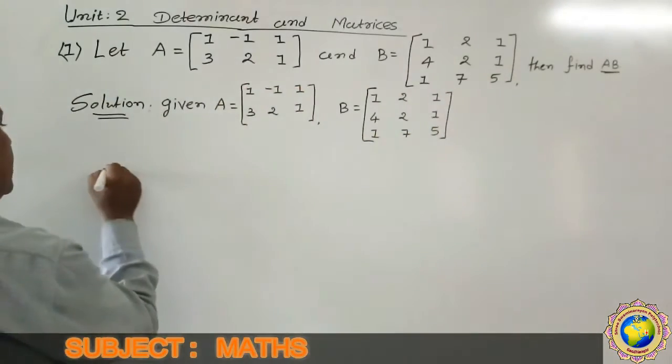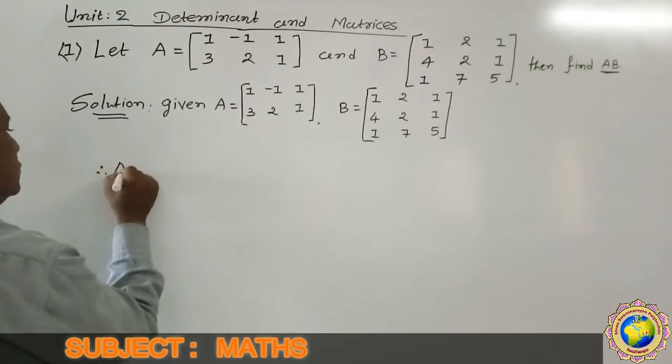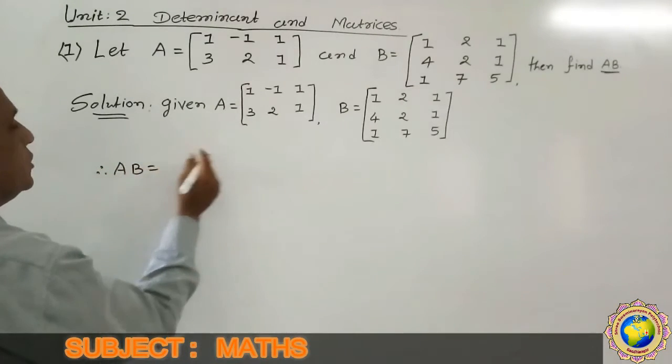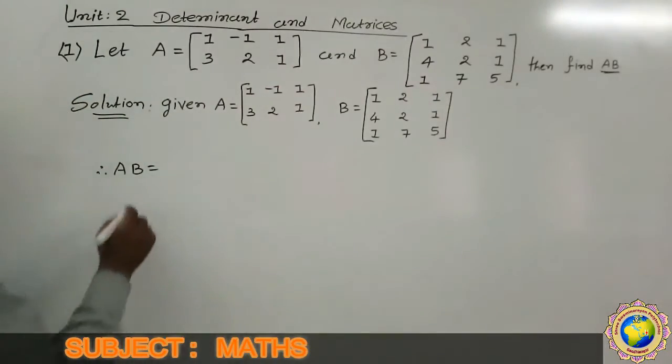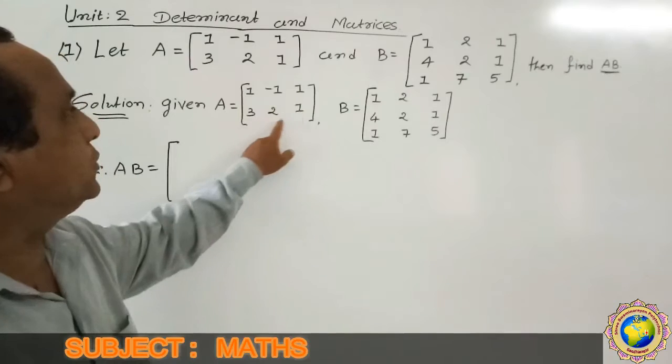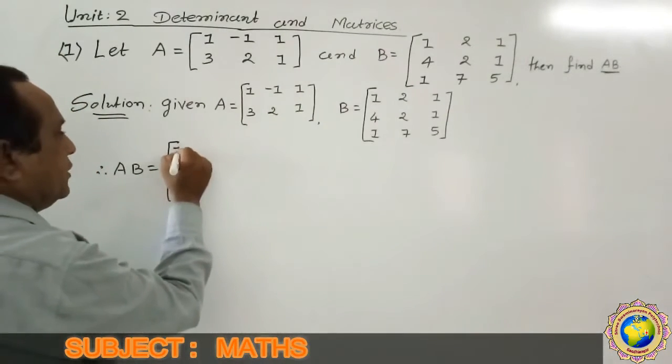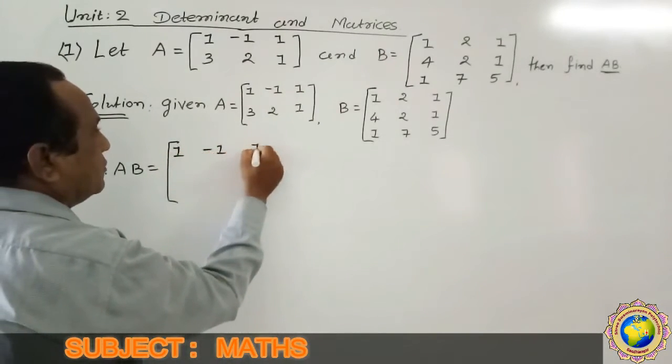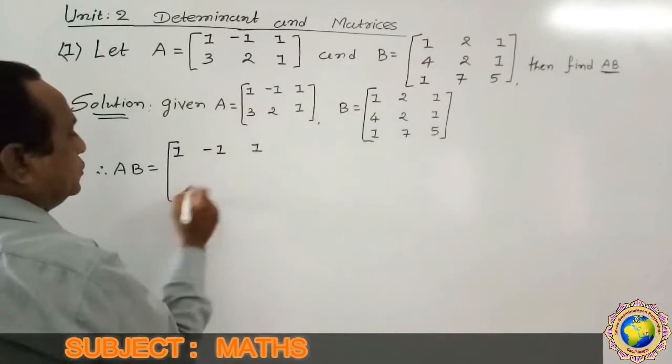Now find AB. So AB is equal to, put the value of matrix A. Now the value of A is 1 minus 1 1, 3 2 1.